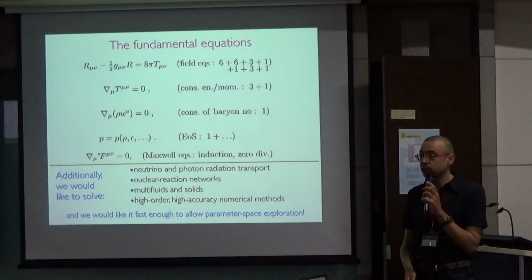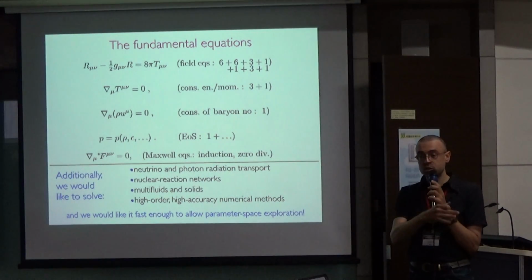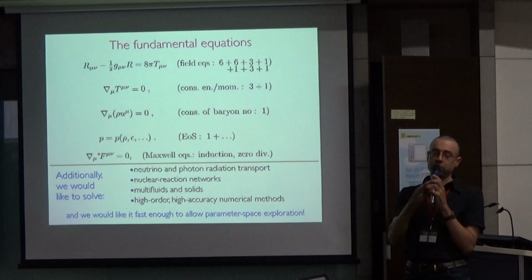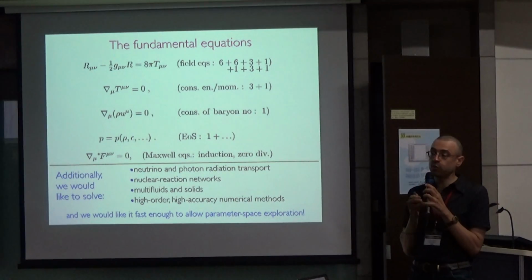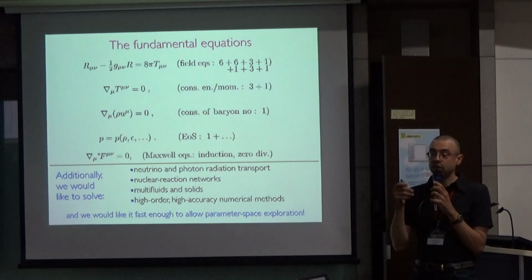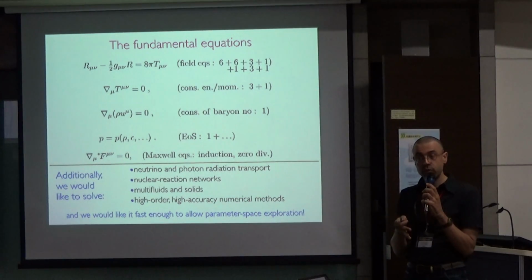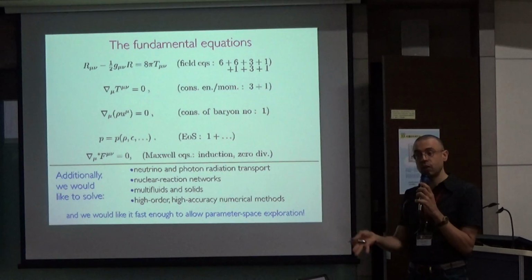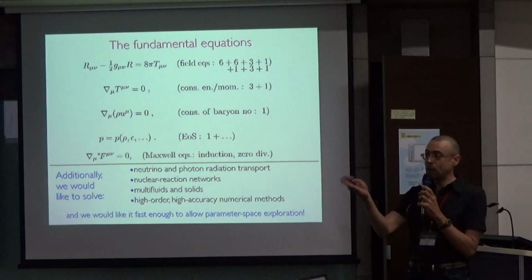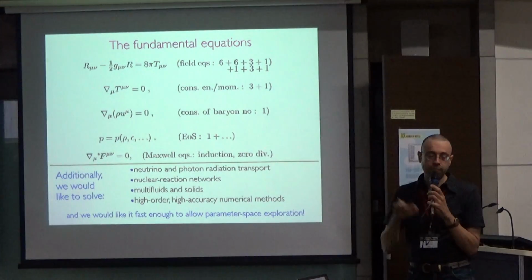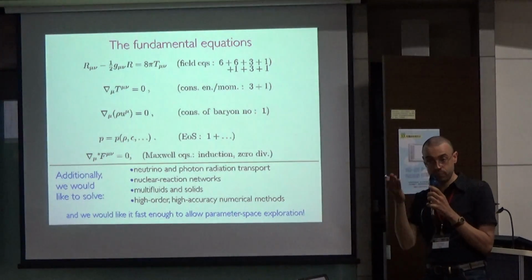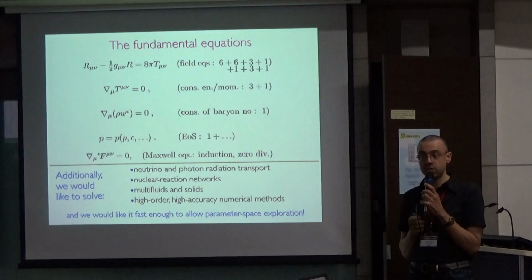So we do different simulations using different equations of state and try to see what are the differences. We try to predict what would be the different gravitational waveforms from stars with different equations of state, so that when we have detections, we can say something about what was possibly the equation of state of the stars.